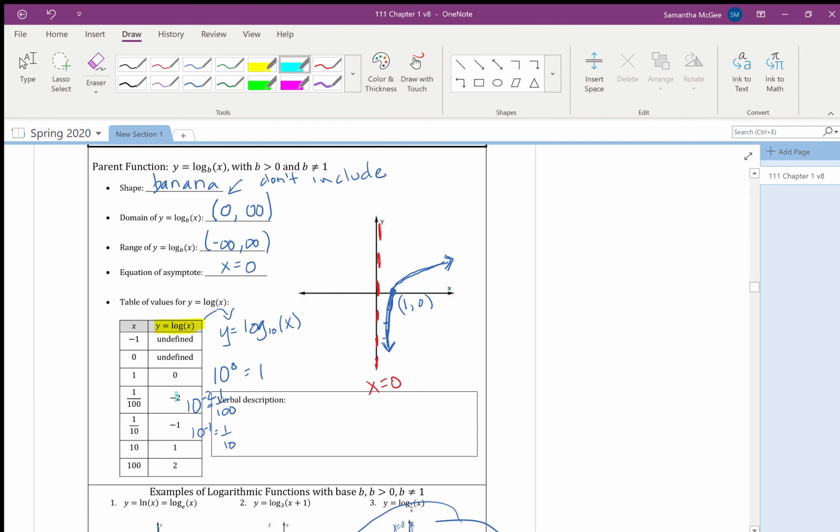So the output is the exponent that we raise our base to in order to get the input. I'll say that again. The output is the exponent we raise the base to in order to get the input.